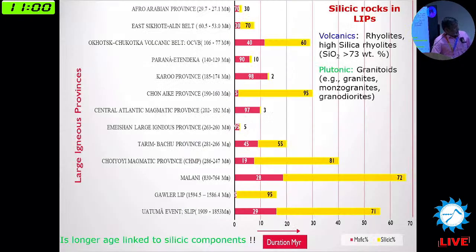When we take it further, we see that some of the LIPs, which are 30, 40, even 50 million years or more, have a significant proportion of silicic rocks. And of course, there are one or two exceptions, like Tarim and another one. But there are significant proportions of silicic rocks. But now, is the extended duration beyond 50 million years or so linked to the silicic composition?